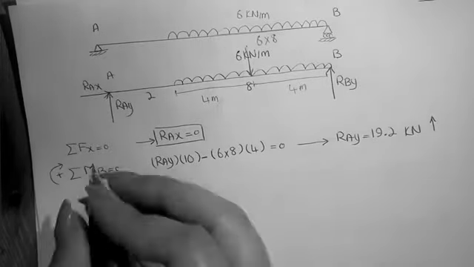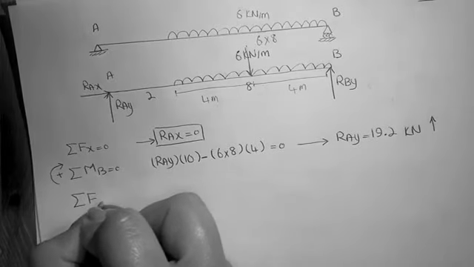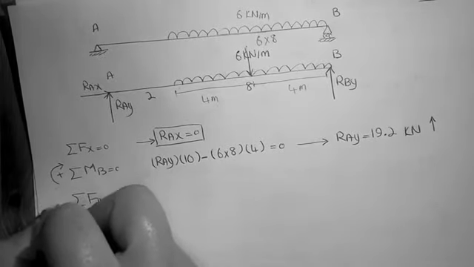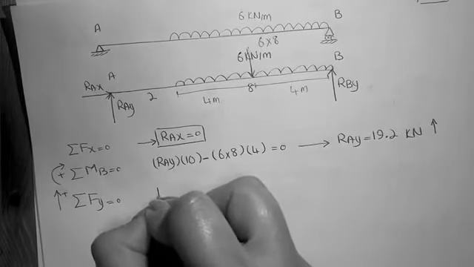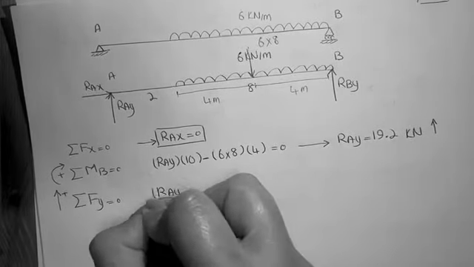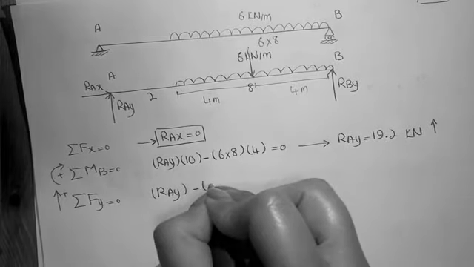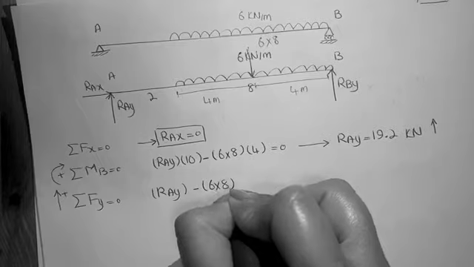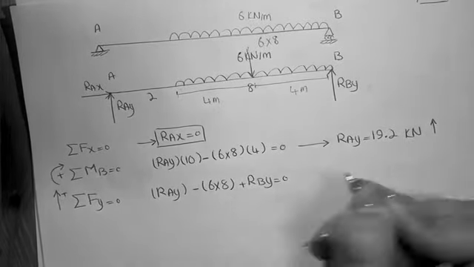So in the last equation, we're going to write the equilibrium equation in y direction with upwards as positive. So here we have RAY minus the distributed force 6 times 8 plus RBY equals 0.